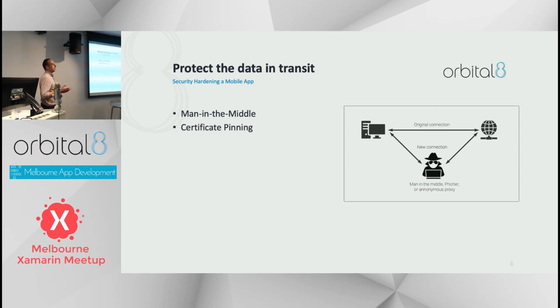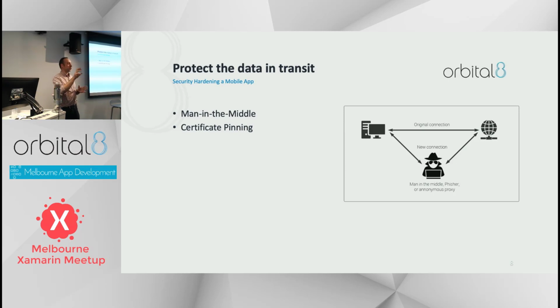So what's the mitigation for that? It's certificate pinning. Basically, certificate pinning is the process of building into your app that your app will trust one and one only certificate for talking with the server. Presumably we manage the server side, whether directly or indirectly.